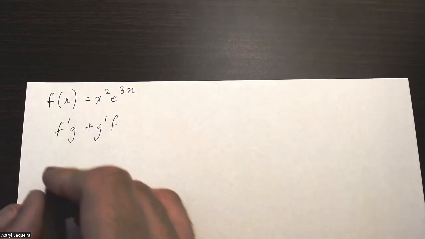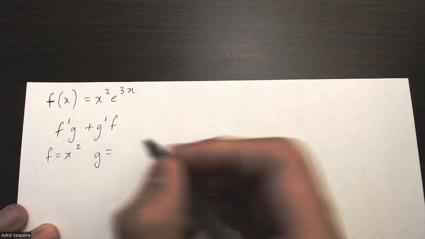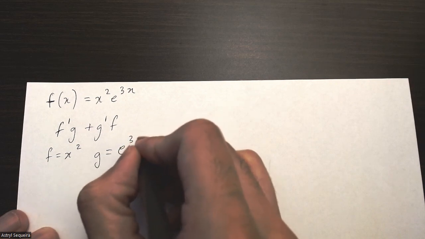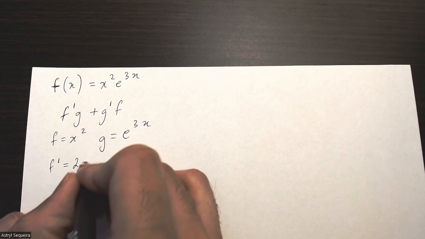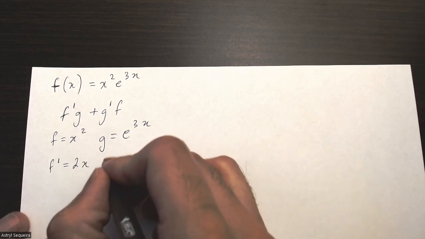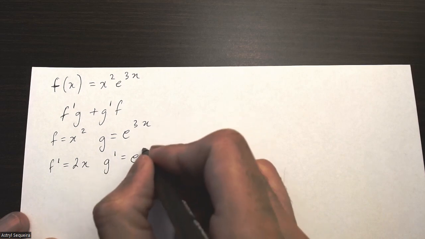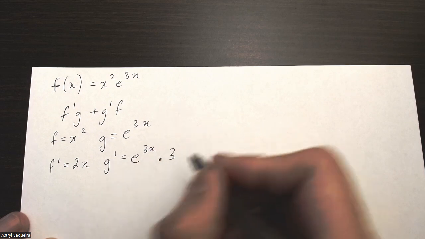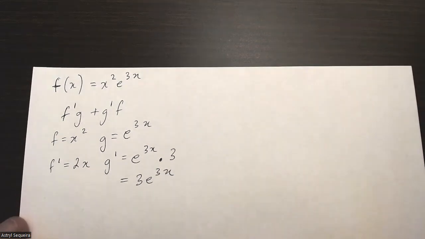So I know f is my first function here, which is x squared. g is my second function, which is e to the 3x. f prime is just going to be 2x, and g prime is just going to be e to the 3x times the derivative of the exponent 3. So just 3e to the 3x.